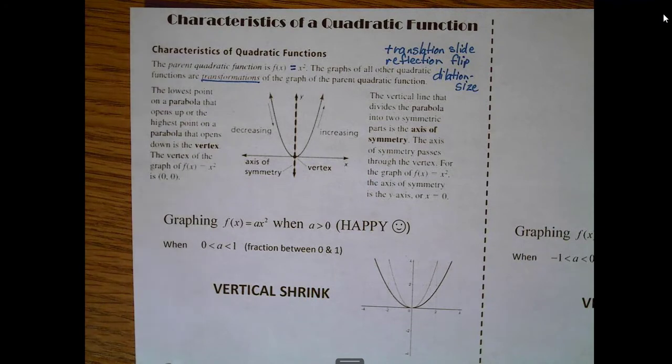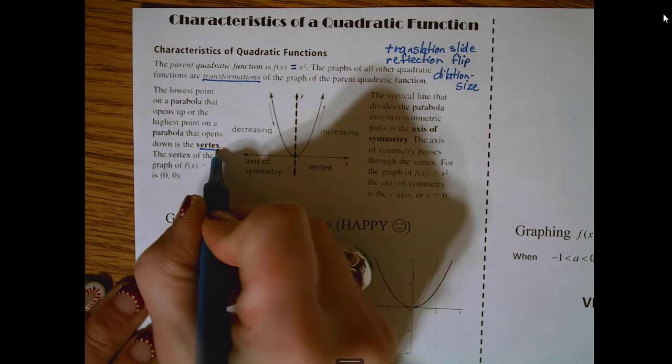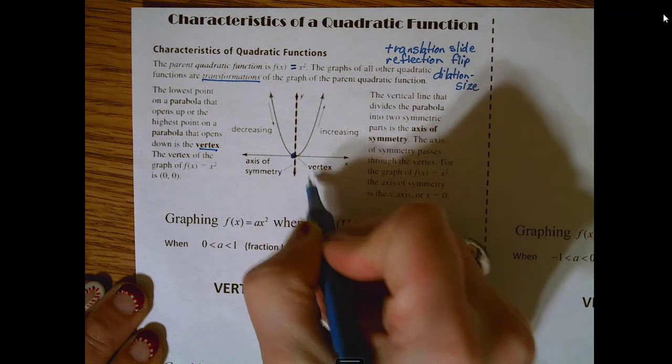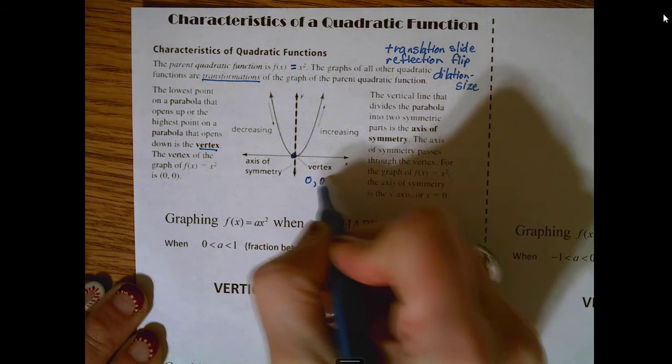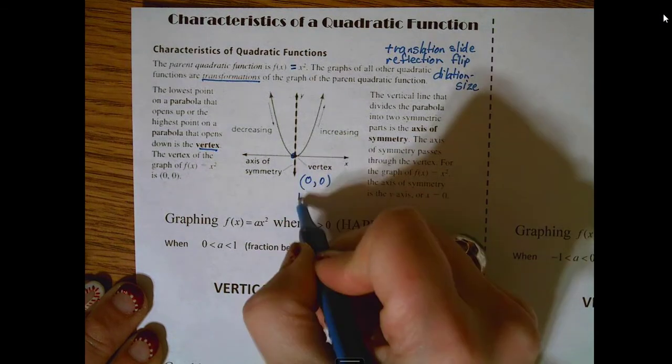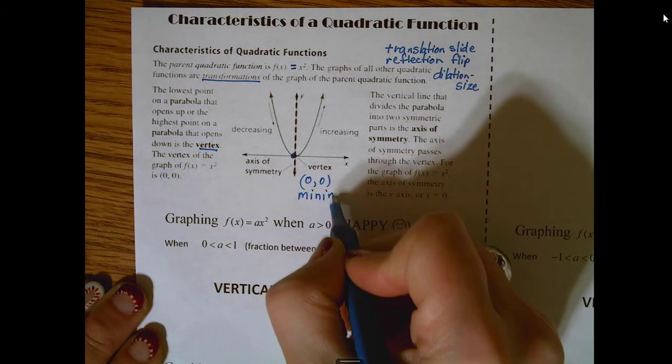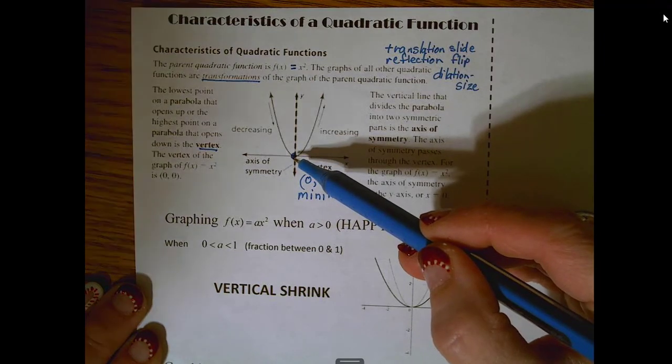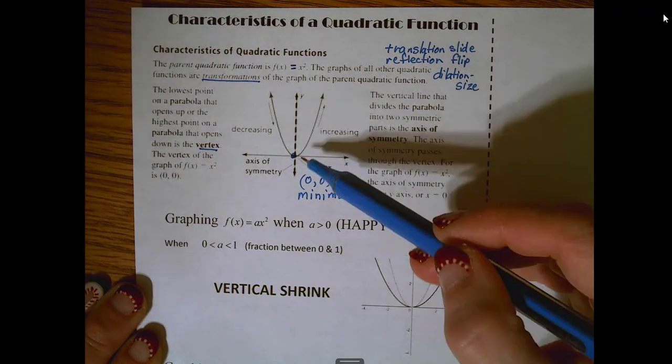The lowest point on a parabola that opens up or the highest point on a parabola that opens down is the vertex. So this is the vertex on the parent function. That happens to be 0, 0, and it is a minimum. So it means it's the lowest point on this parabola.